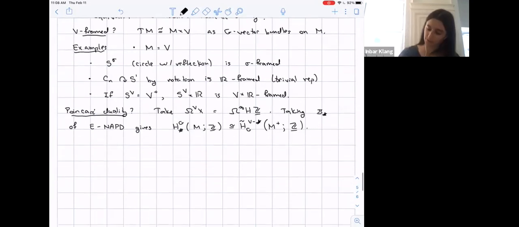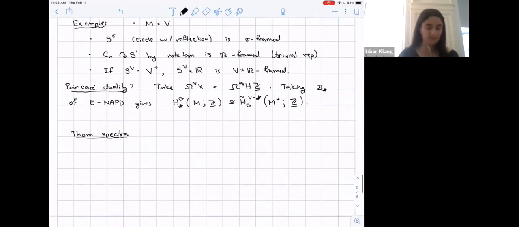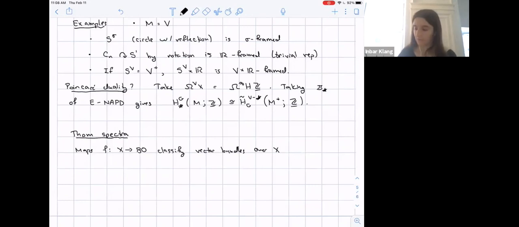Right. So what's going on with Thom spectra here? Non-equivariantly, maps from a space X to BO, for example, classify vector bundles over X. And so then once you have a vector bundle, you can take its Thom spectrum, and I'll denote that X^f.